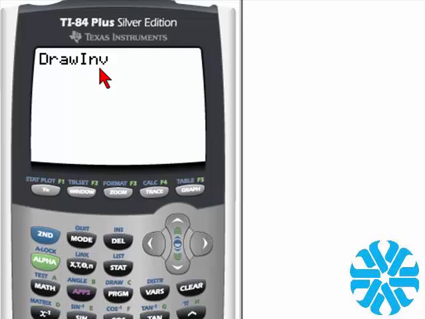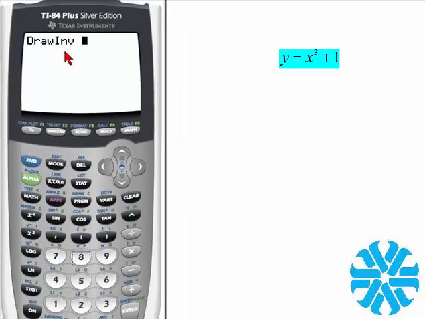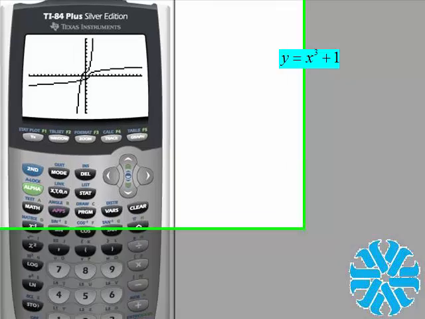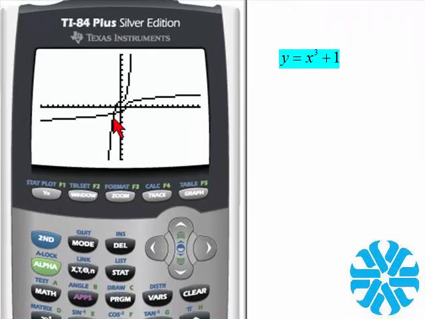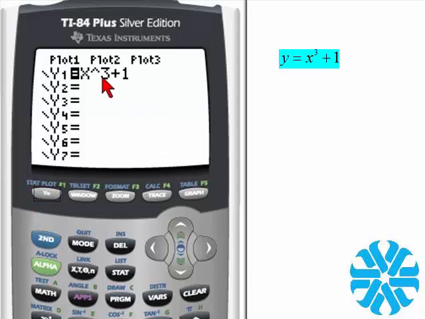What we're going to do now is put in what we want to draw the inverse of. Well, we want to draw the inverse of x cubed plus 1. So if we hit enter, there it is. It kept our original function, which we had under the y equals.